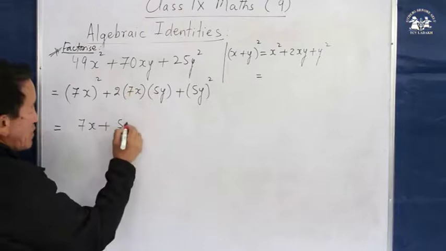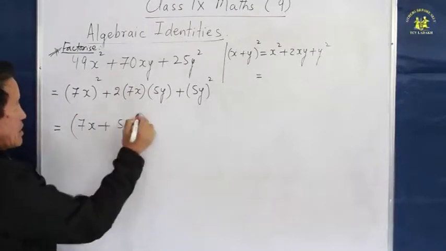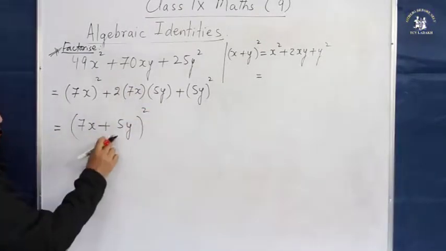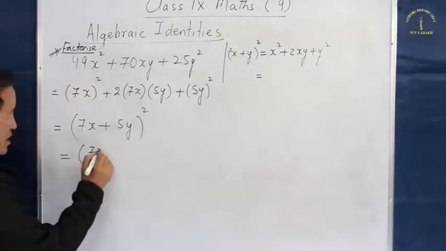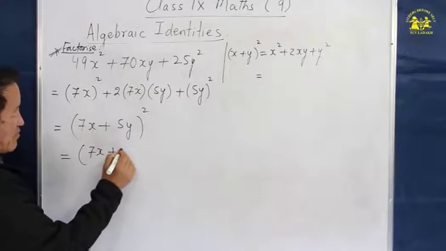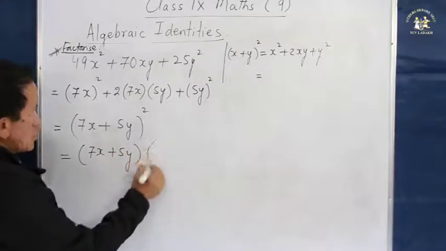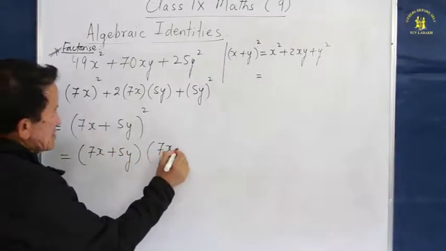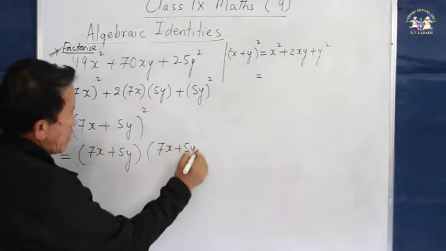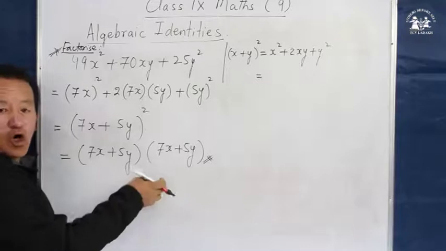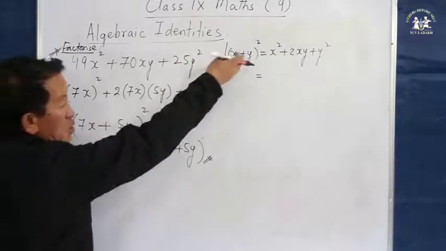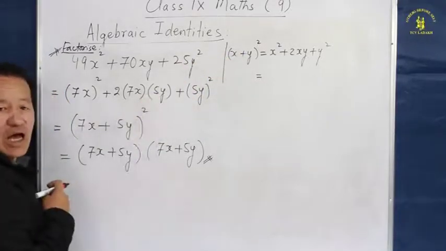So the factors are 7x plus 5y into 7x plus 5y. This factorization we got by directly using the given identity.